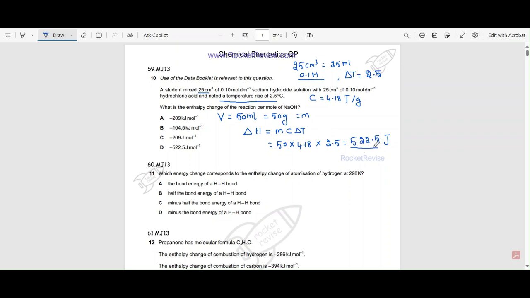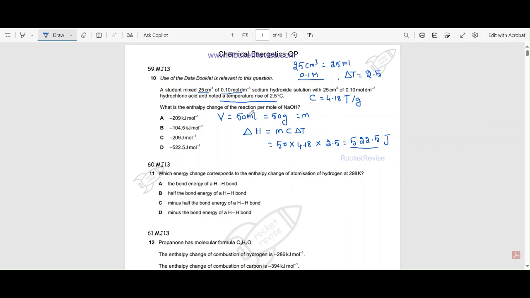So this much energy has been released by the reaction of sodium hydroxide and HCl. That energy has been used by the solution and it has raised its temperature by 2.5 degrees Celsius.